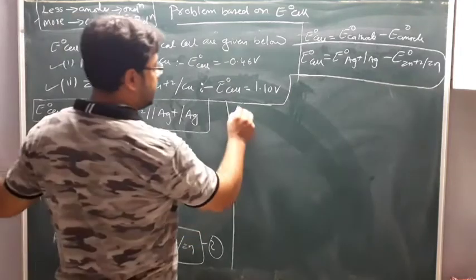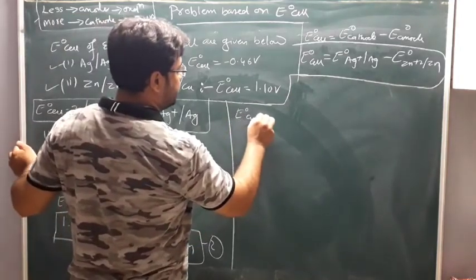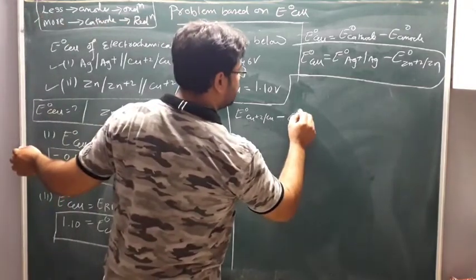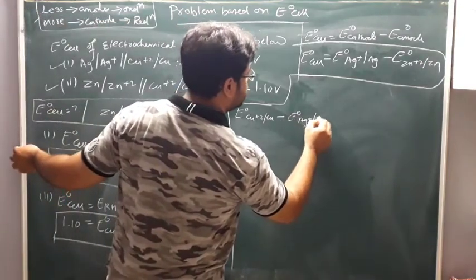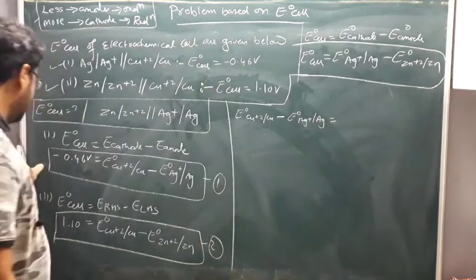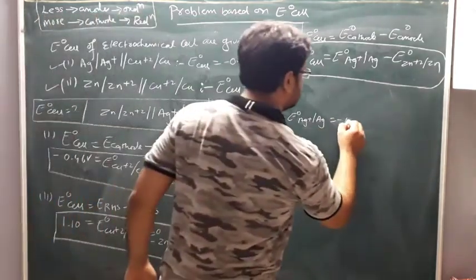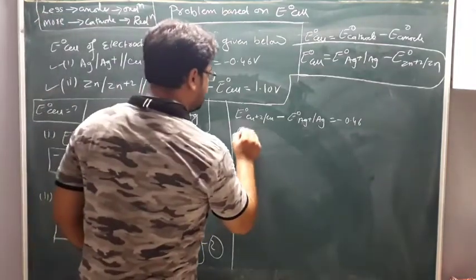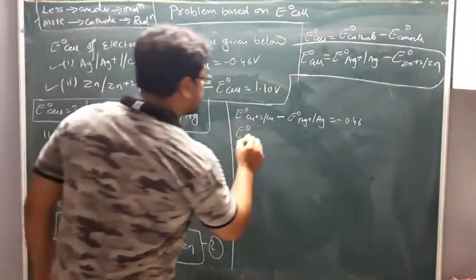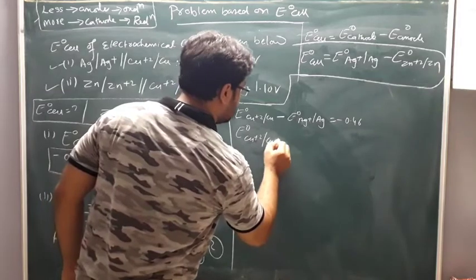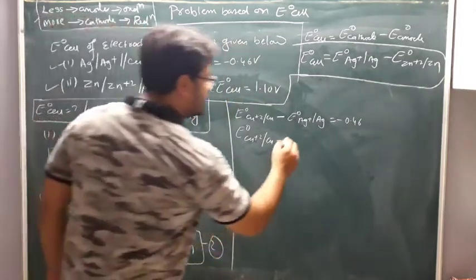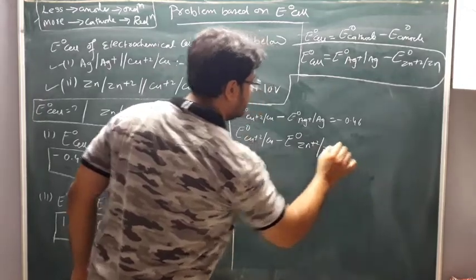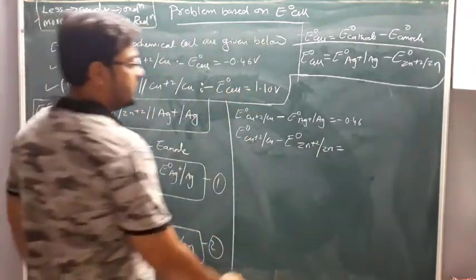E0 Cu+2/Cu minus E0 Ag+/Ag equals minus 0.46 volt. Second equation: E0 Cu+2/Cu minus E0 Zn+2/Zn equals 1.10.